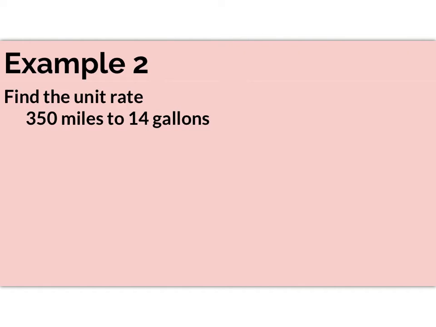Looking at the next example, let's find the unit rate. 350 miles to 14 gallons. The word to tells us we have a rate, 2 different quantities being compared.